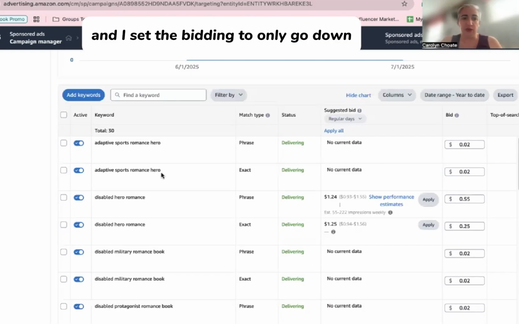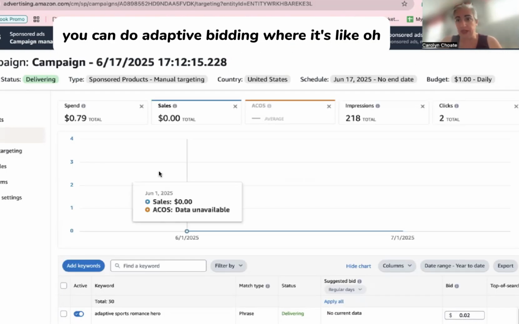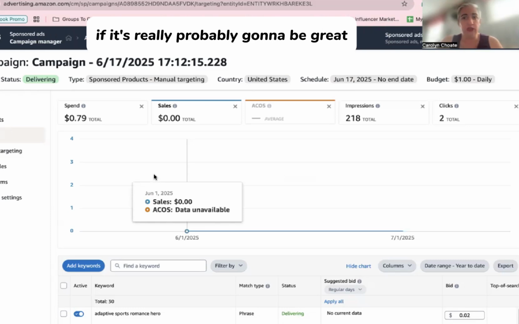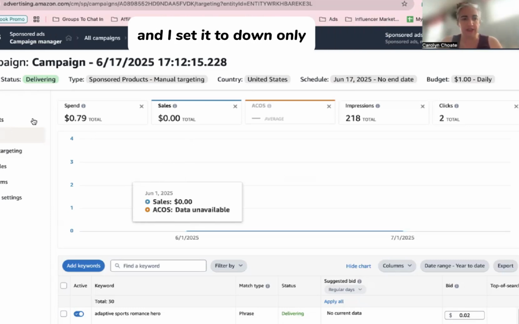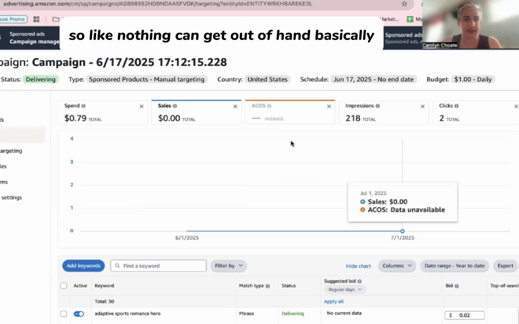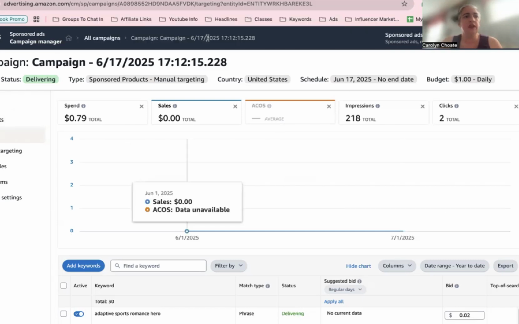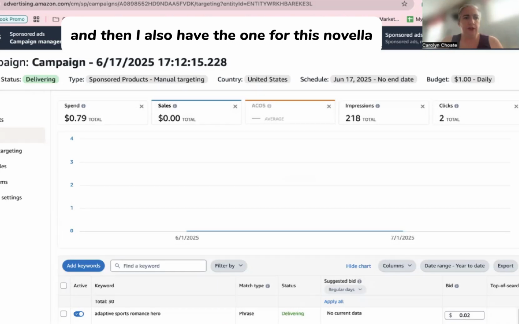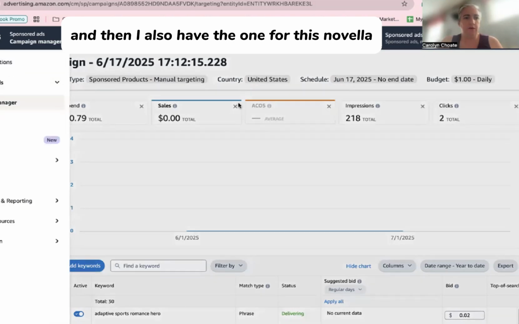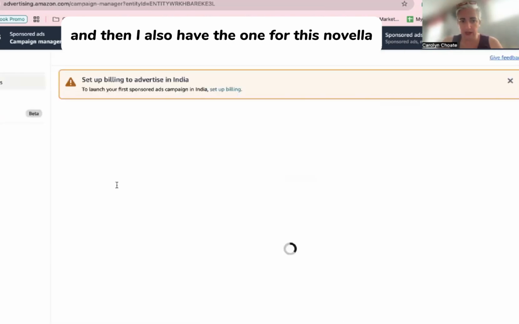And I set the bidding to only go down. You can do adaptive bidding where if it's really probably going to be great, it can go up or it can go down. And I set it to down only, so nothing can get out of hand, basically. So I have that one, and then I also have the one for this novella.